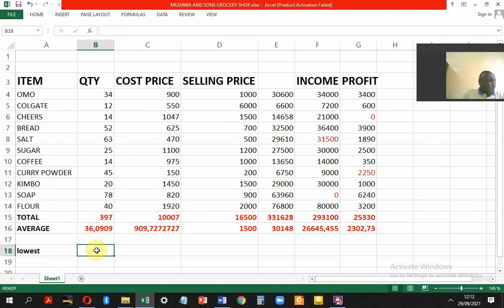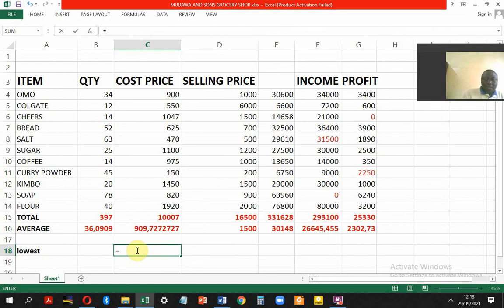When you look here at the formula, we need to say min. Min means that for a commodity, it means the lowest. Are we together? Since we are looking for the commodity with the lowest cost price, and cost price is on C here, we put it here and say equal sign.